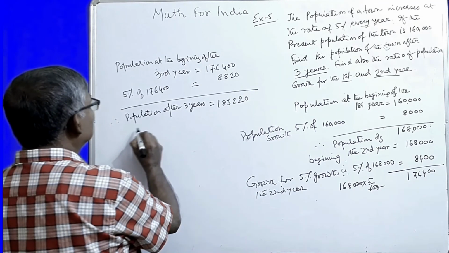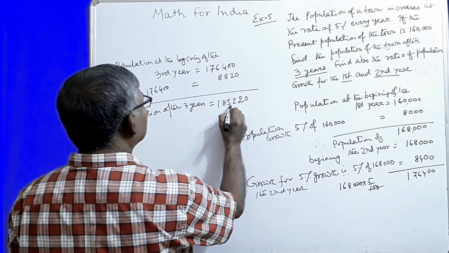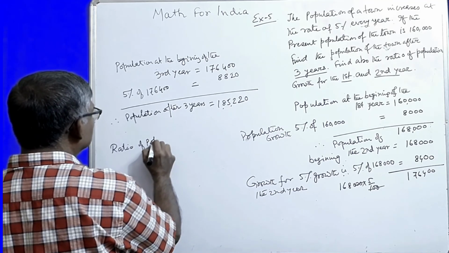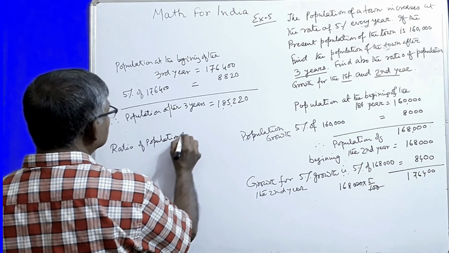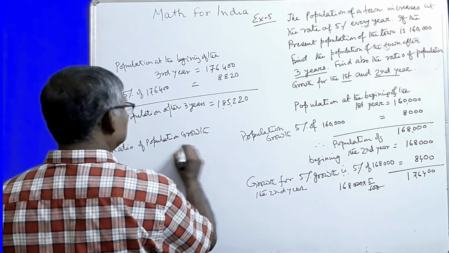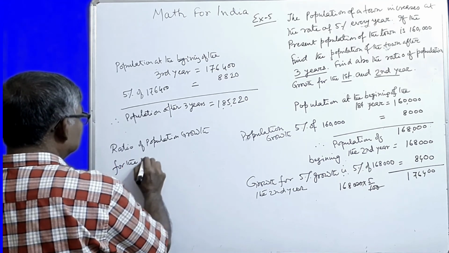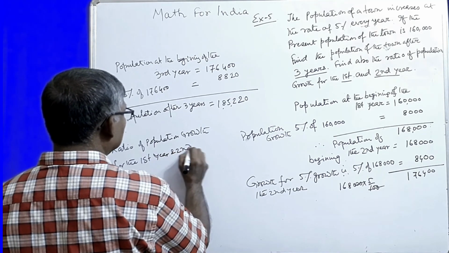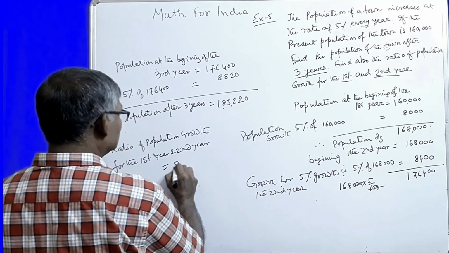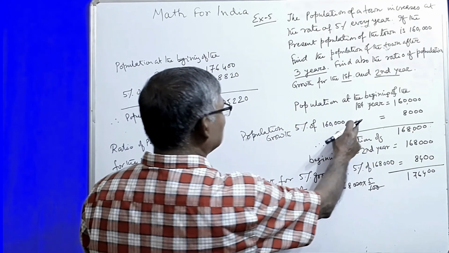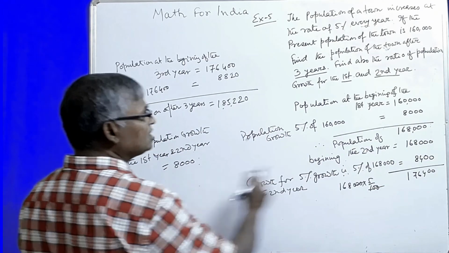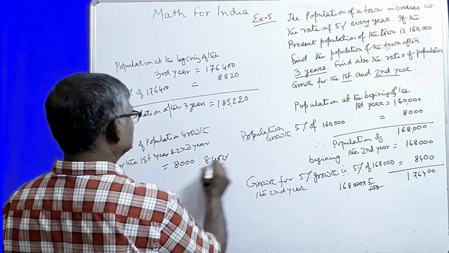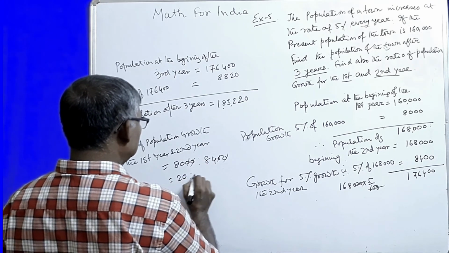Here see, the total population after 3 years will be 1,85,220, and ratio of population growth for the first year and second year equal to, here population growth for the first year is 8,000 and for the second year is 8,400. That is 20:21.